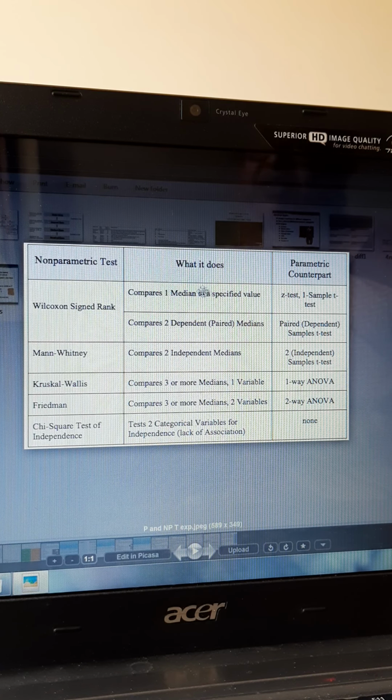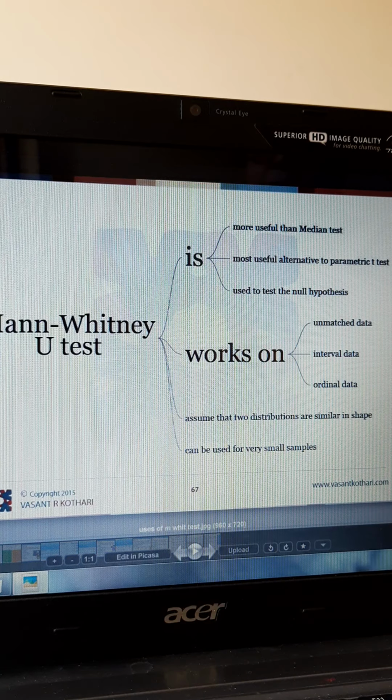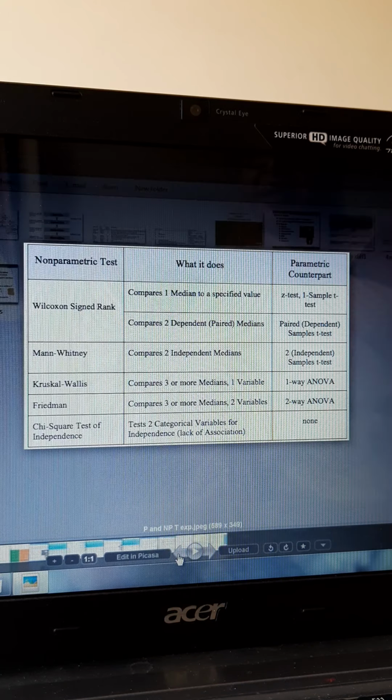Okay, like this for each parametric data you have got parametric tests. For each non-parametric data you have got non-parametric tests. The formulas are different, outcomes will be different. Okay, so what are the various tests? We will do it in another session.